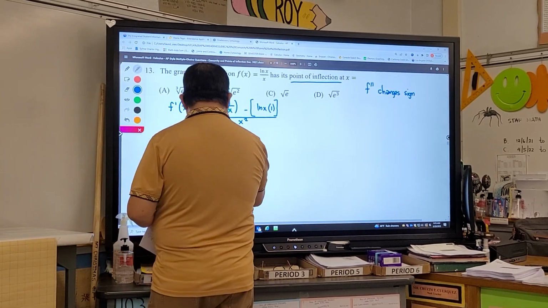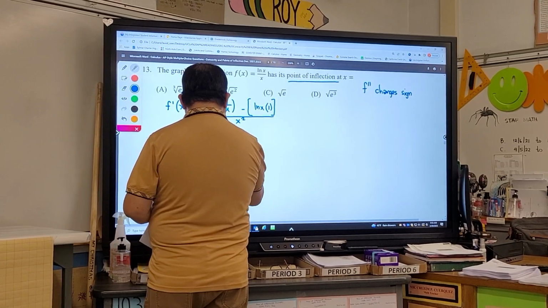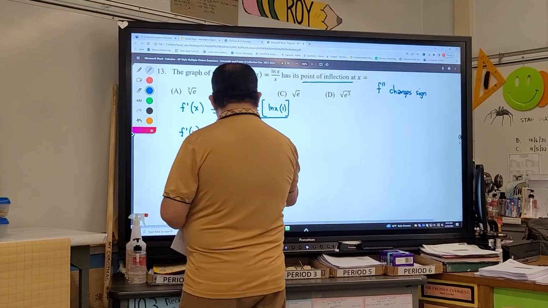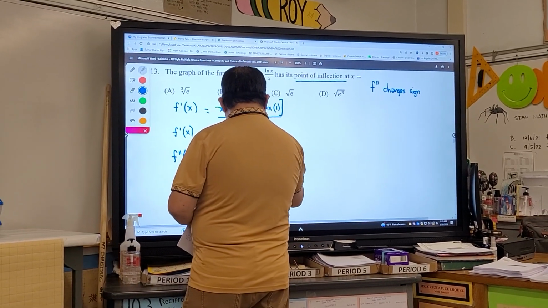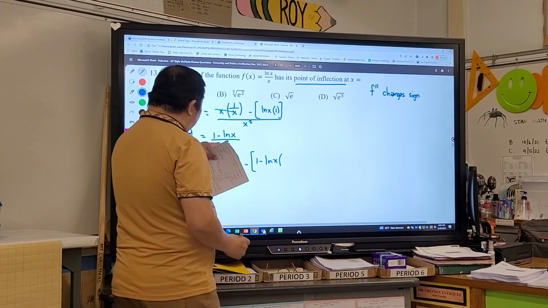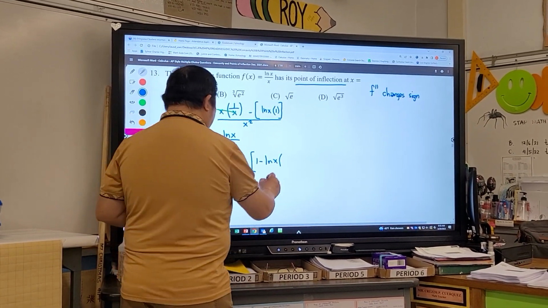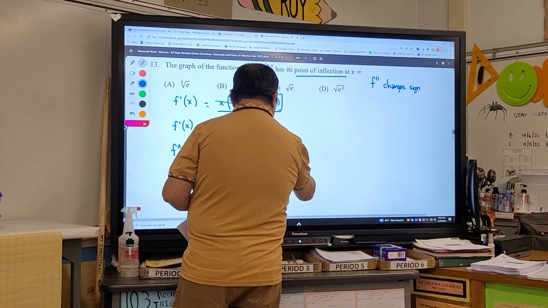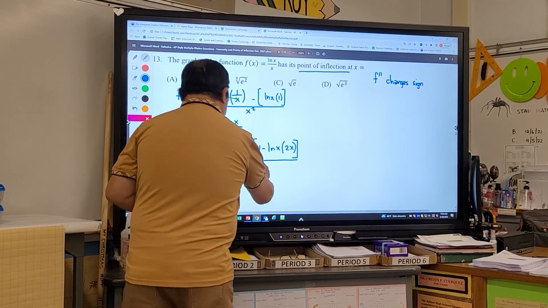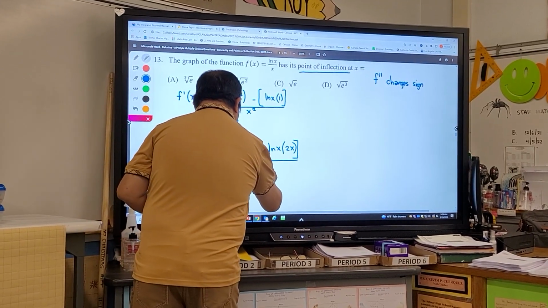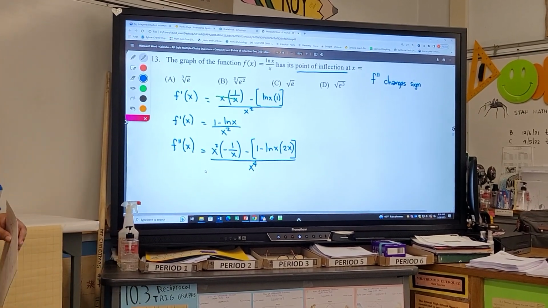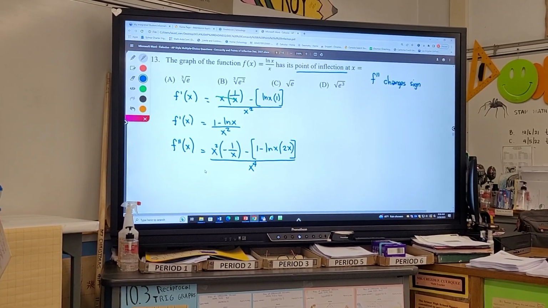So negative 1 over x minus the high, 1 minus ln x, times the derivative of low, which is 2x, over the square of the low, which is x squared. The square of x squared is x to the power of 4. Okay?